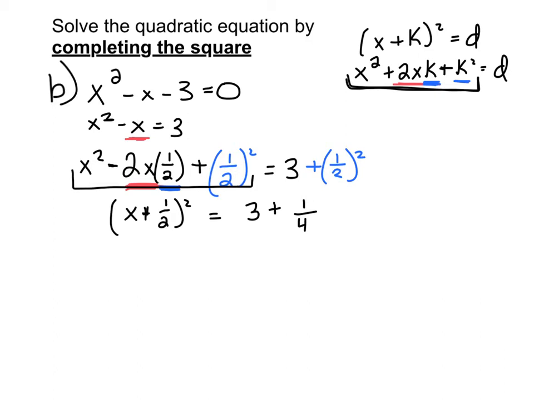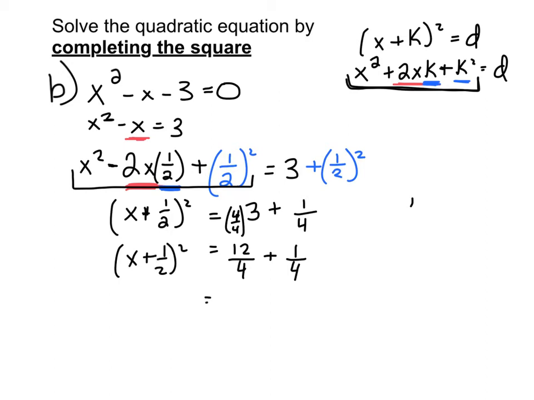I'm going to multiply this 3 by 4 over 4, which is the same thing as multiplying it by 1, so that's not actually doing anything. So 3 times 4 is 12, and 12 over 4 is the same thing as 3. Okay, that plus 1/4. Left-hand side of the equation did not change.